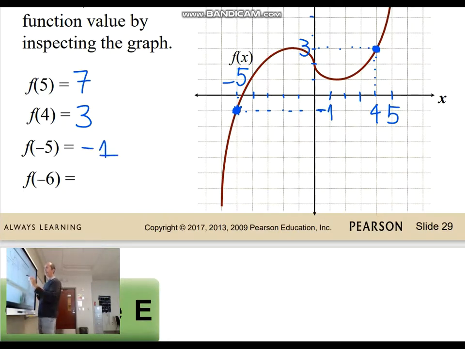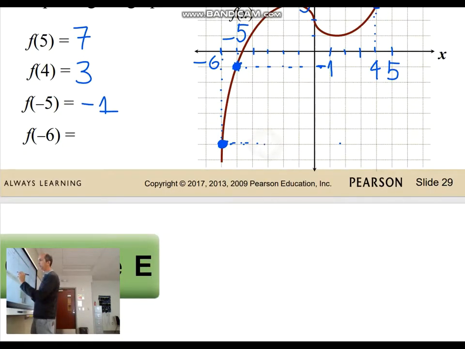Now f of -6. -6 is here. The intersection with the graph is, and then we will find the y coordinate, or f of -6, is -1, -2, 3, 4, 5, -6.